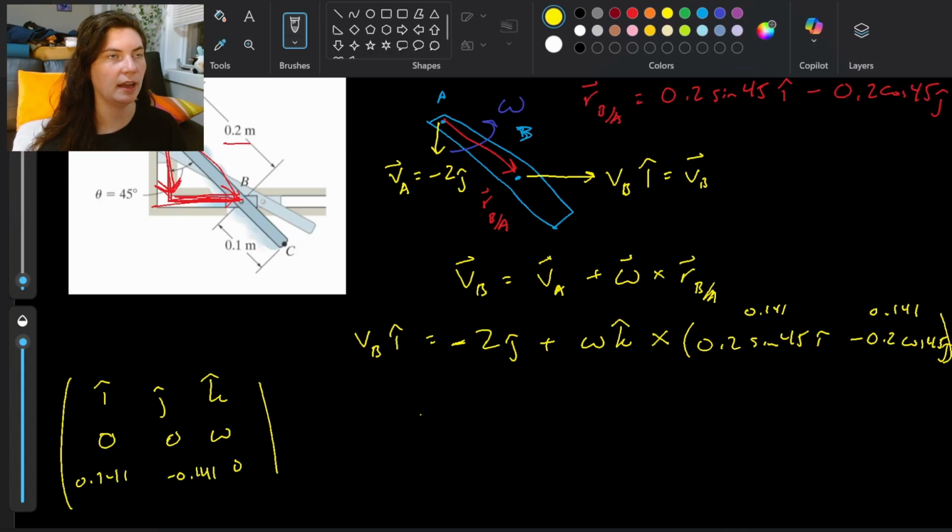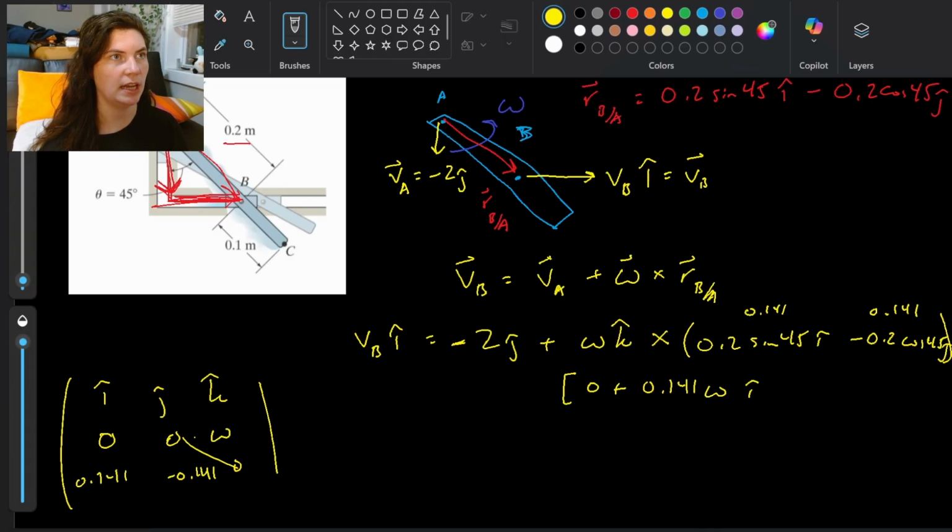We're evaluating that cross product, and what we end up with is 0 minus omega times negative 0.141, so that's 0.141 omega i hat.